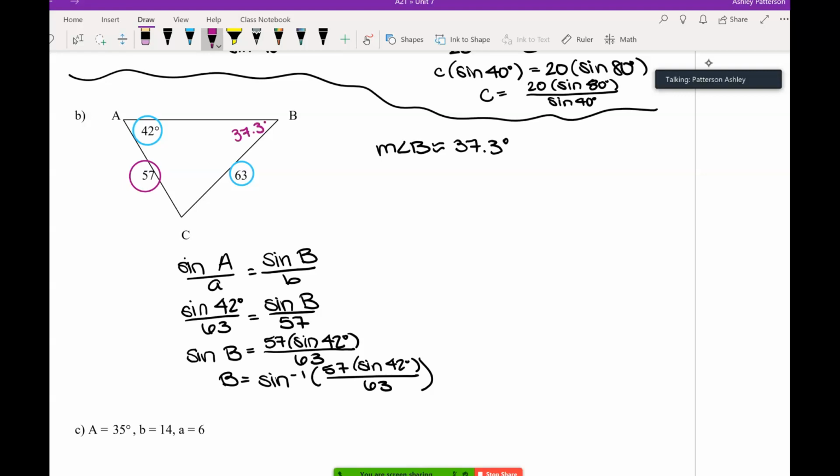Now, using the idea that three angles within a triangle add up to 180, I'm going to take 180 degrees and subtract the sum of angle A and angle B, and that's going to give us that the measure of angle C is approximately 100.7 degrees.